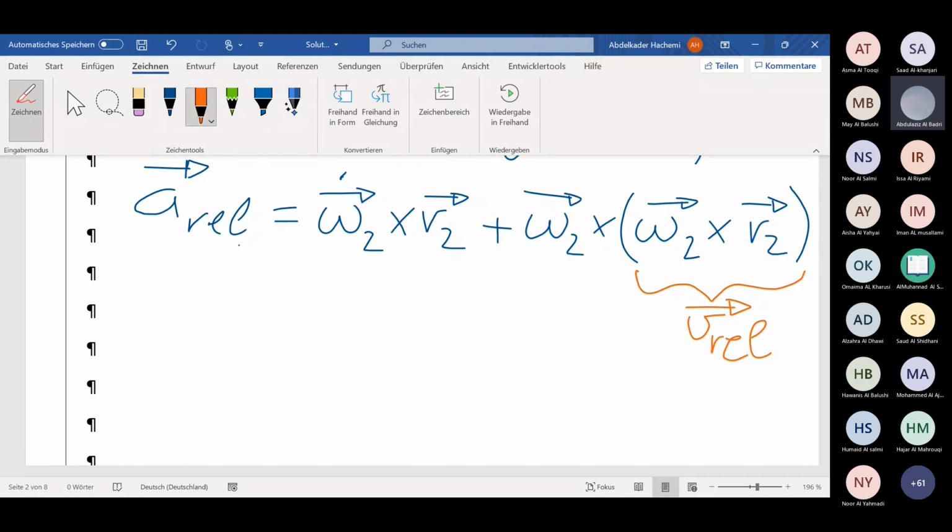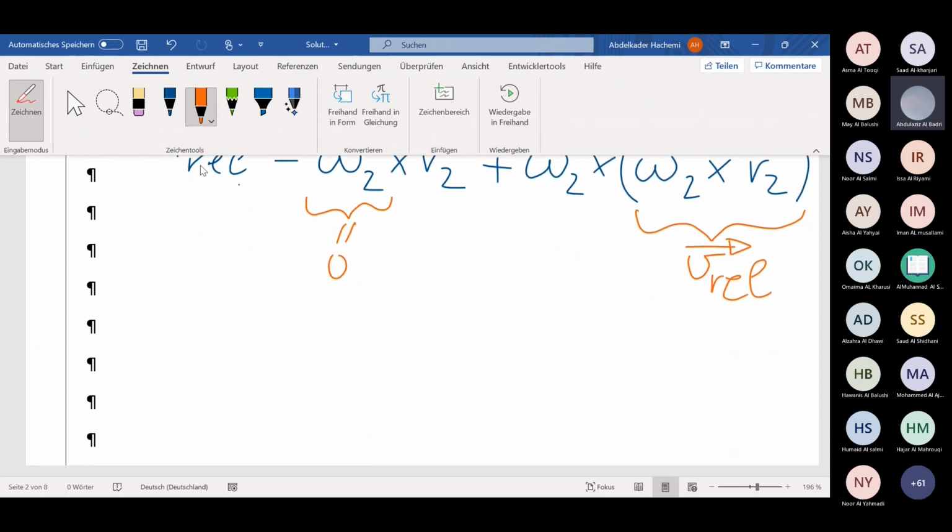It means that this term here, omega 2 dot, is equal to 0. As omega 2 is constant, the time derivative of omega 2 will be equal to 0, okay?